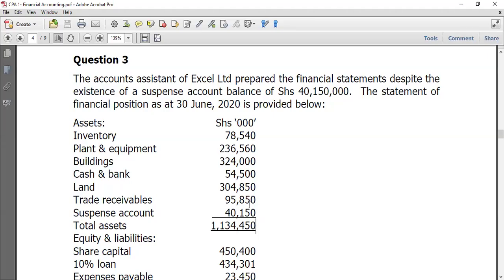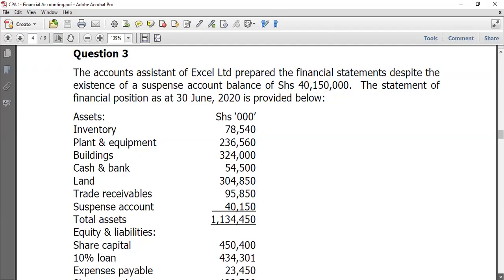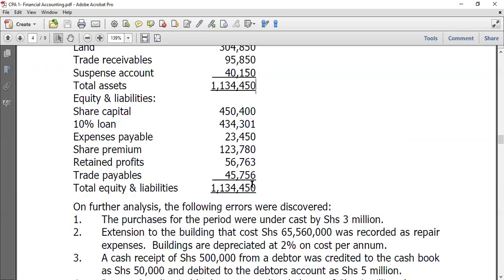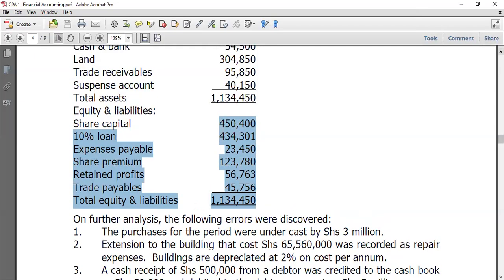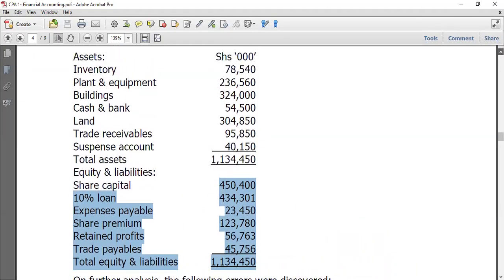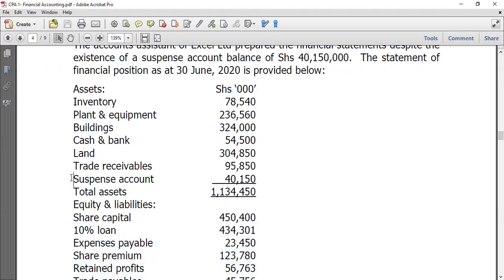Now, the examiner sometimes may give you a statement of financial position, just like the way we have here, okay? But the reason why they have given you this information is because they want you to pick the suspense account. Now, as you can see from our statement of financial position, our suspense account is recorded under assets, okay?